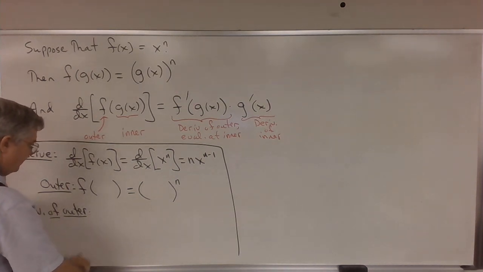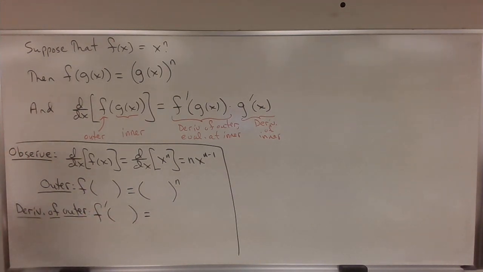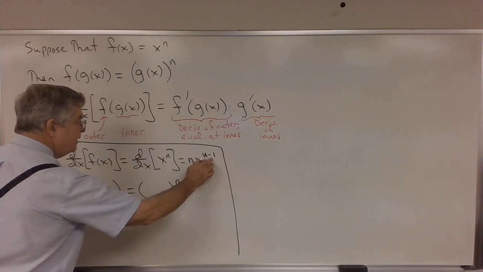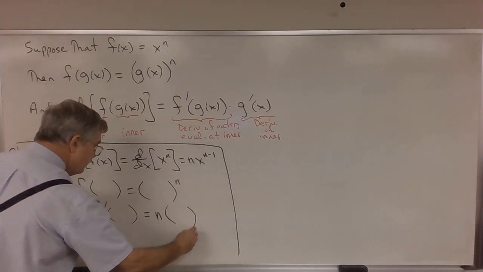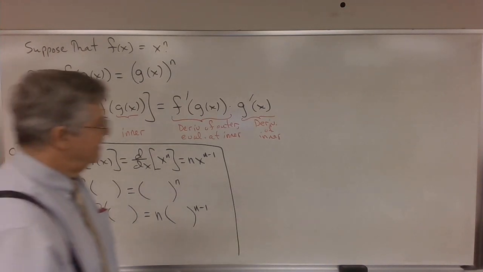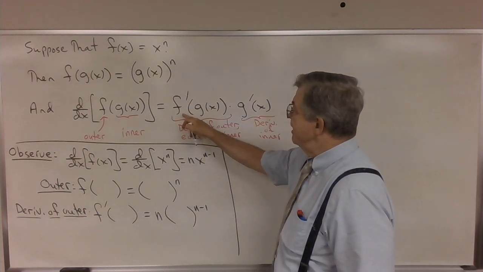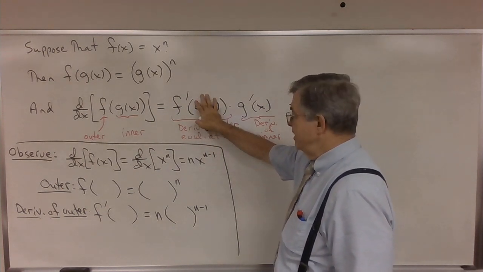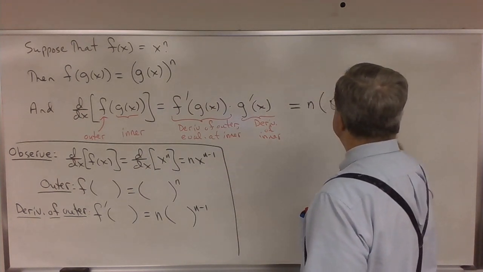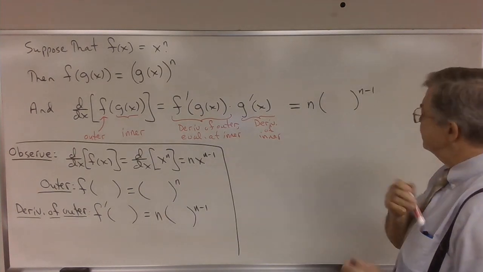Maybe I'll insert f prime of something here. F prime of something equals n something to the n minus 1. This is the derivative of the outer function.